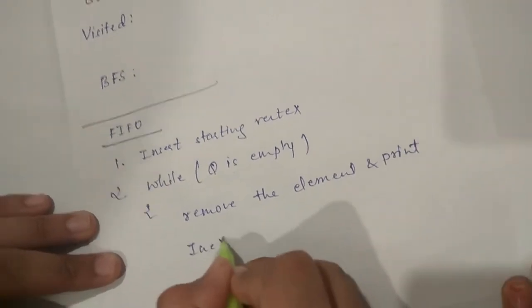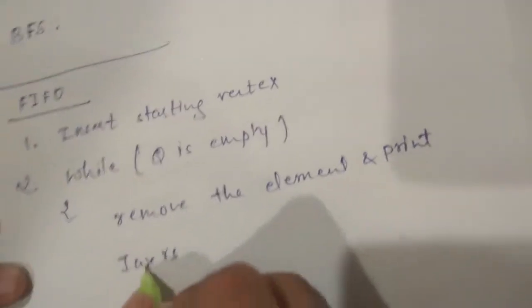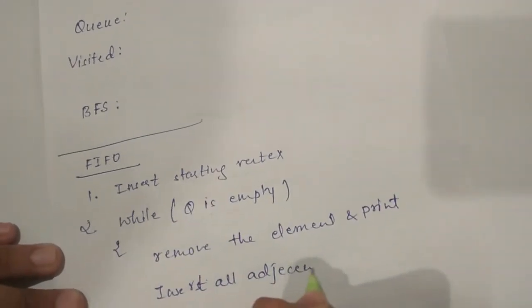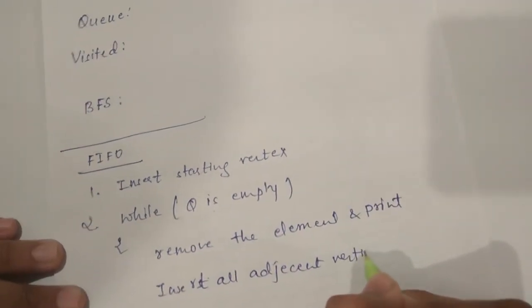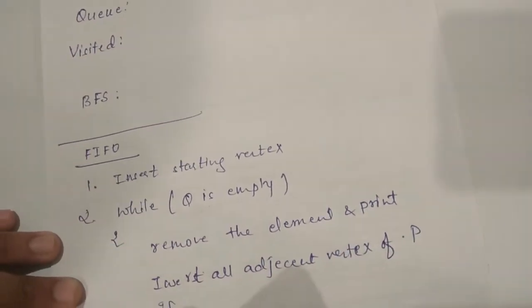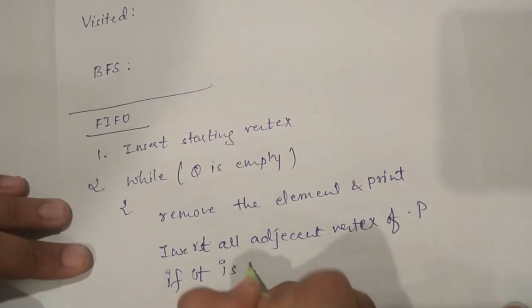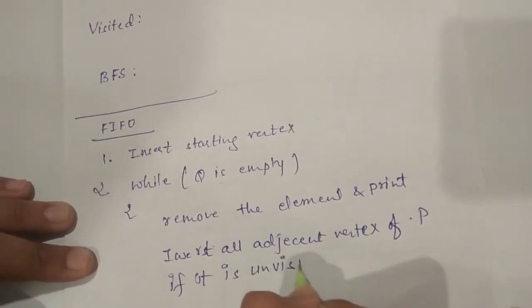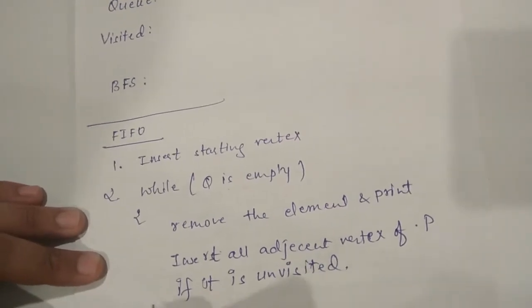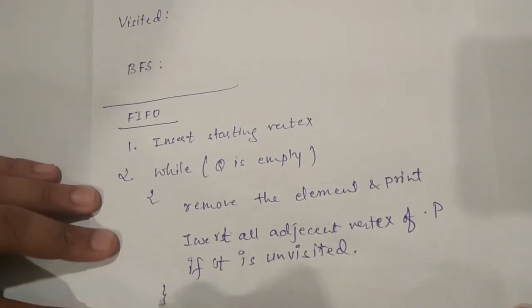And the second thing is insert all adjacent vertices of P, and if they are unvisited, then you need to insert that particular adjacent vertex. If all the vertices are visited, then you need not insert that.